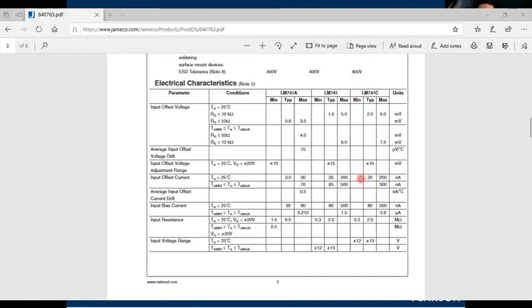So it means that ang difference daw dapat sa kuryente natin sa input should be 20 or ang pinakamataas na dito ay 200 nanoamperes. Anong ibig sabihin kapag lumagpas na sa values ng 20 to 200 nanoamperes? Ang ibig sabihin niyan is meron tayong diferensya dun sa ating circuit or maaring merong diferensya yung ating op-amp.